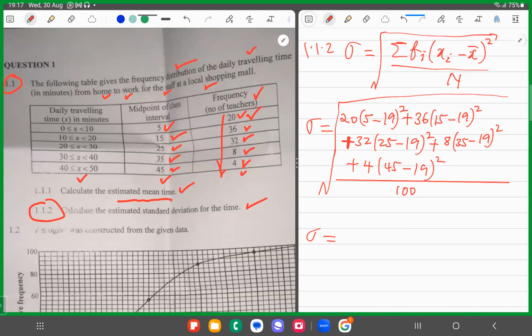So now, with 20 into 5 minus 19, you square it, plus 36 into 15 minus 19, plus 32 into 25 minus 19, plus 8 into 35 minus 19, plus 4 into 45 minus 19.